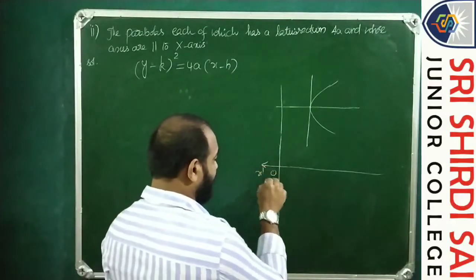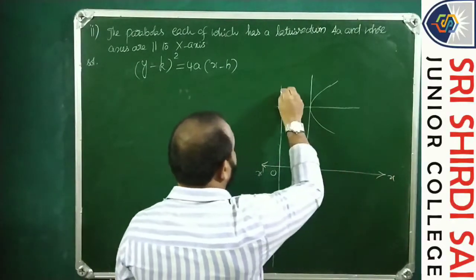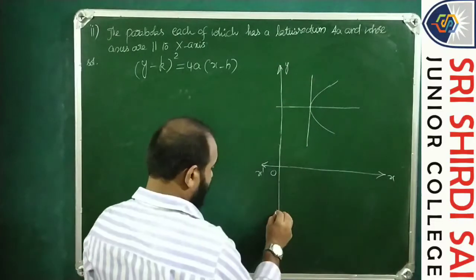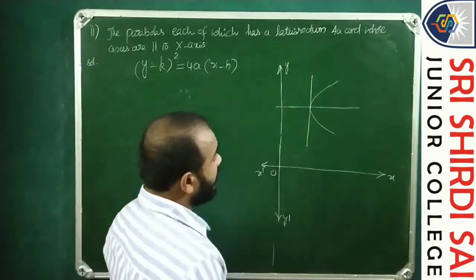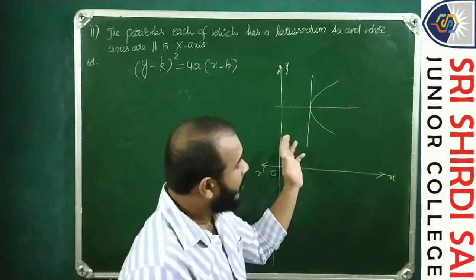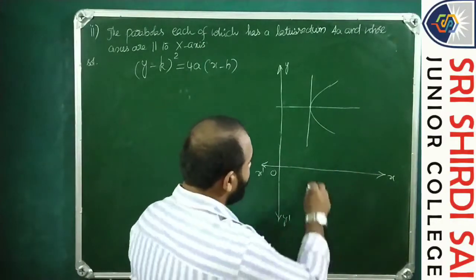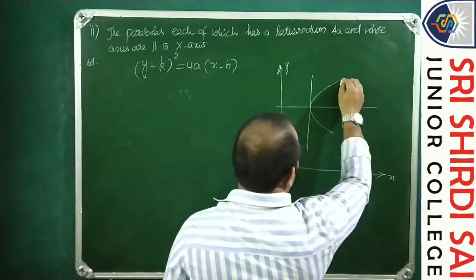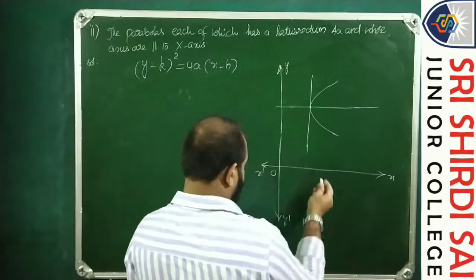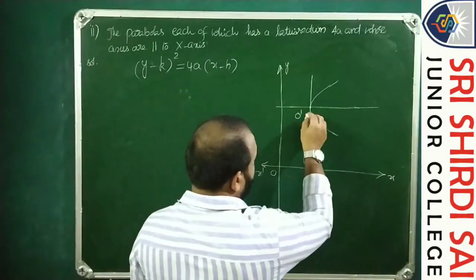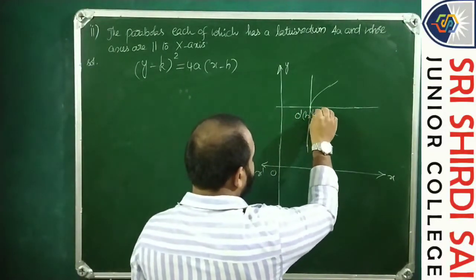This is negative x-axis, positive x-axis, negative y-axis, positive y-axis, and this coordinate axis has been shifted to O dash. This is h comma k.